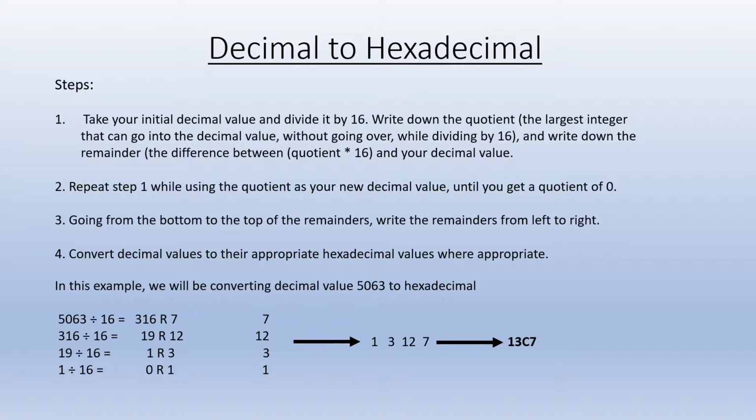So as you can see in the example, we're converting decimal value 5063. You divide 5063 by 16, and the largest integer that could go into 5063 when dividing by 16 is 316.